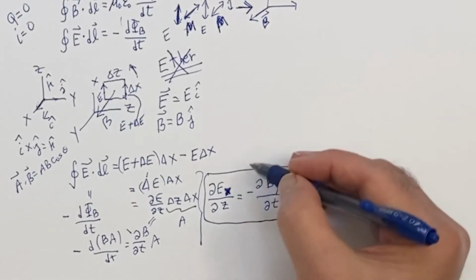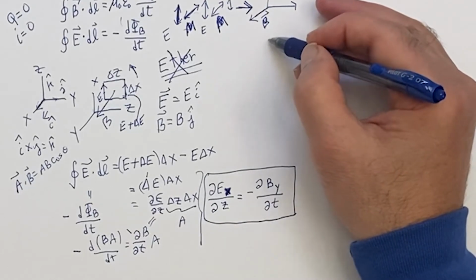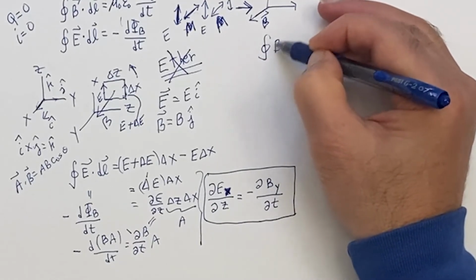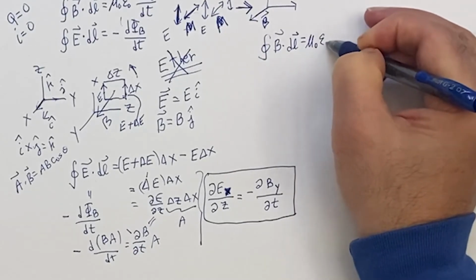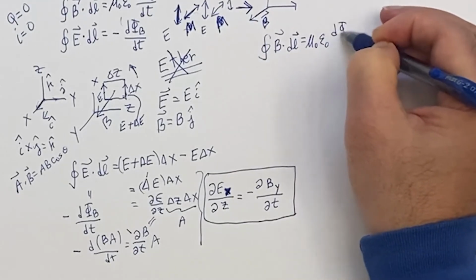So then we go ahead and consider the next formula, which is the one with the B, and that's going to be B equal to mu naught epsilon naught. It's the same.